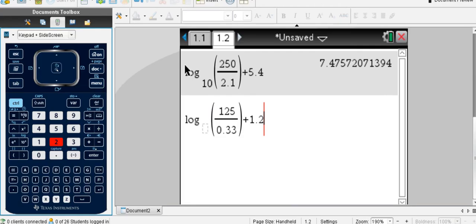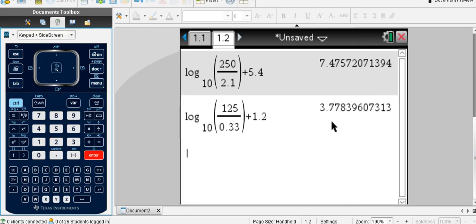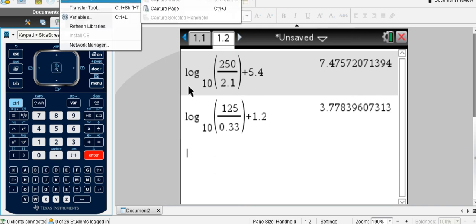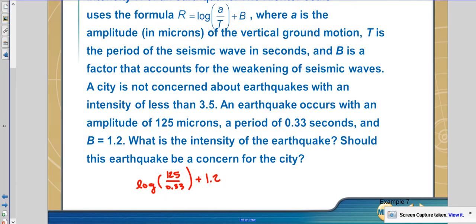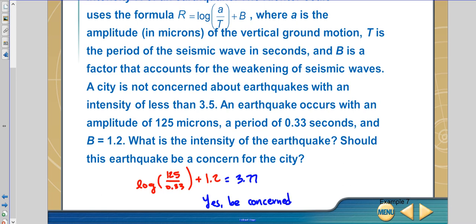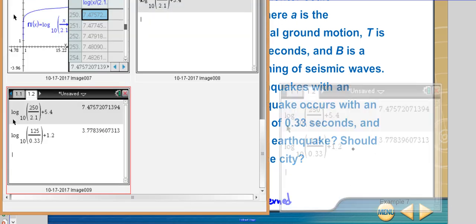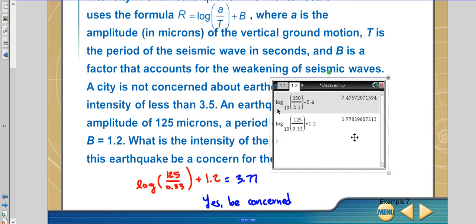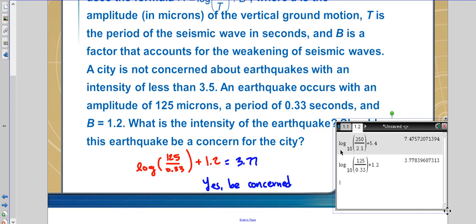Yes. We press enter. We get 3.77. And so, yes, since this equals 3.77, they should be concerned, because it is over 3.5, their threshold.